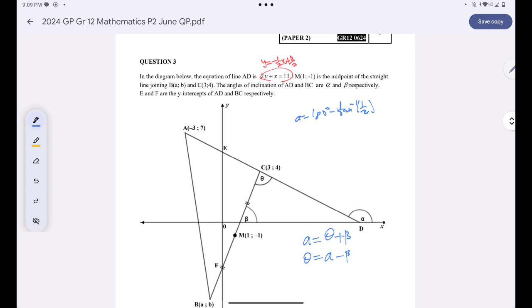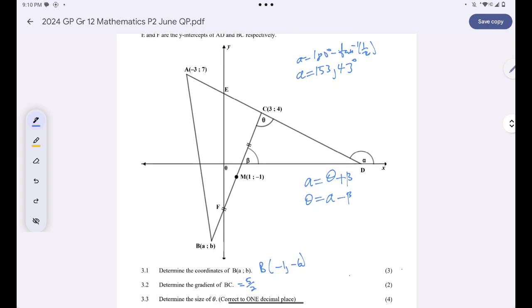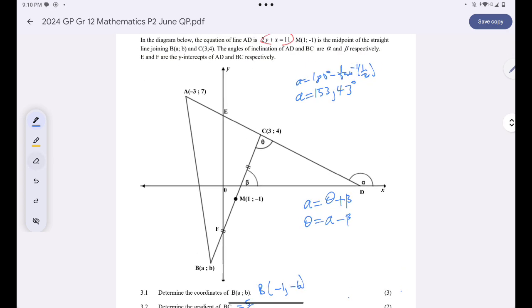Then alpha will be 153.43 degrees. Oh, they said I must write to one decimal place. Alpha is 153.4 degrees.